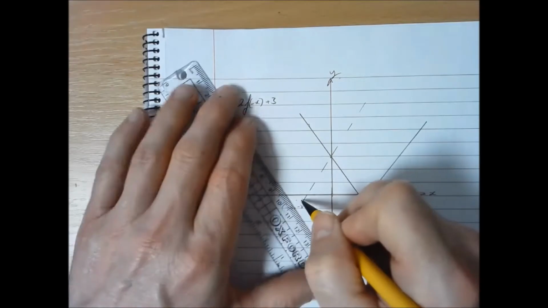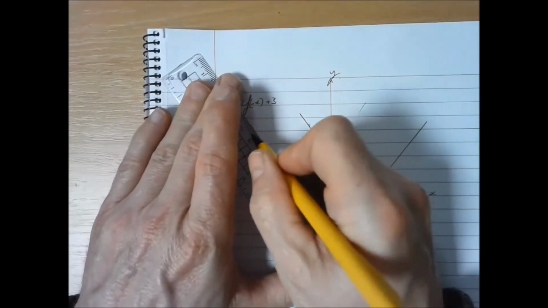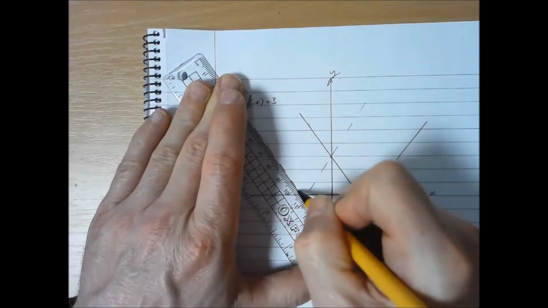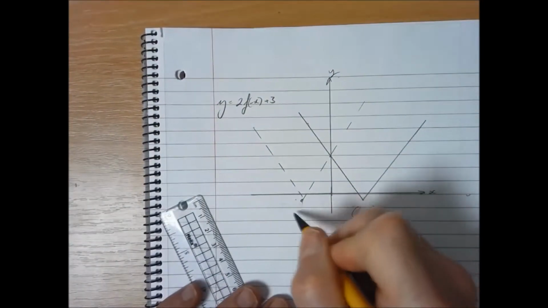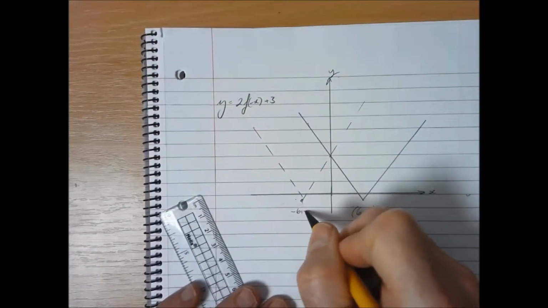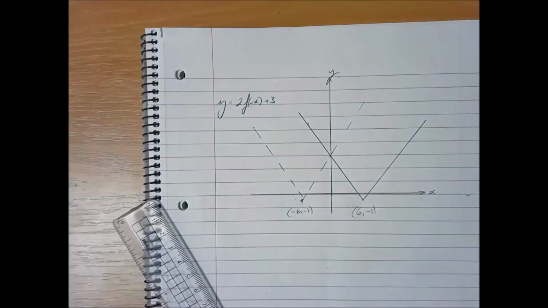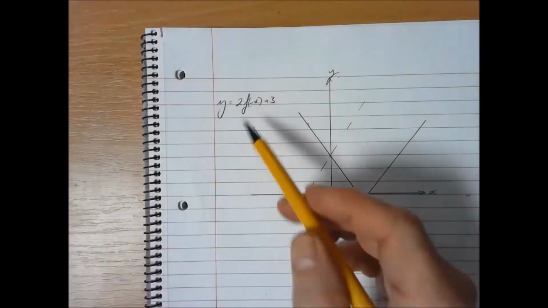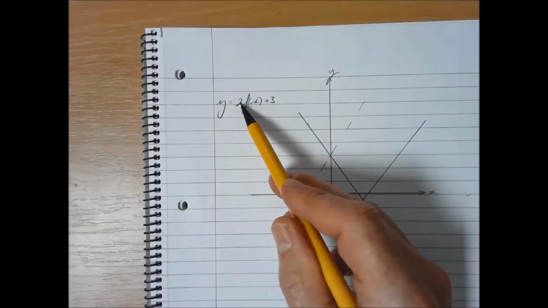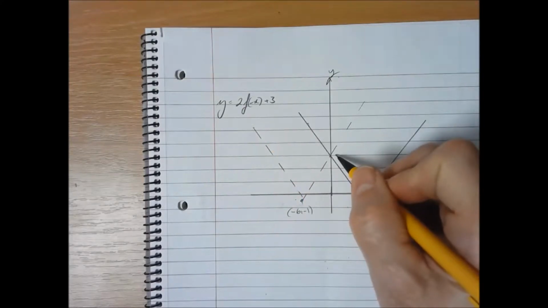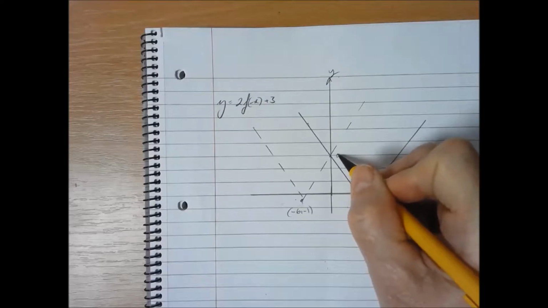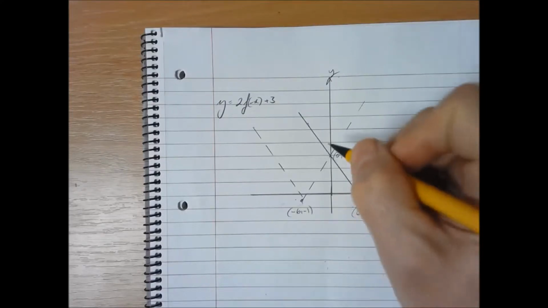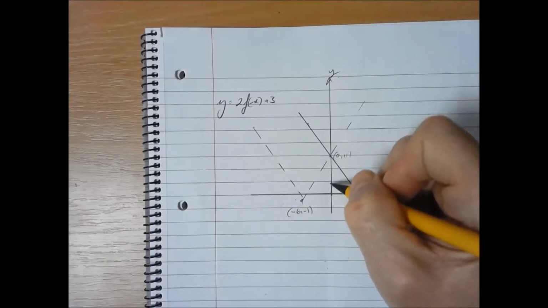And something like that. Okay, and this is our point (6, -1) out there. No, (-6, -1). Okay, and then we apply a vertical stretch of 2 to this. So this intersection here at (0, 11) is going to go up to (0, 22).